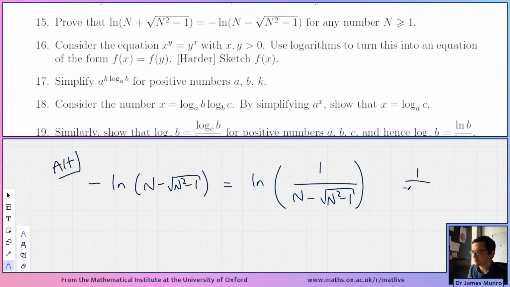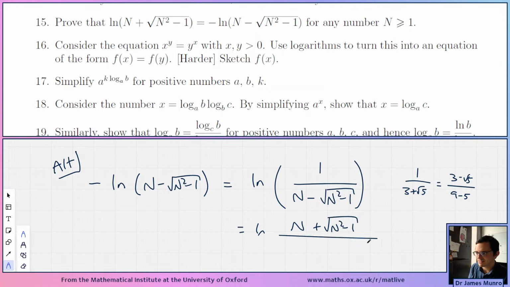Like if you have 1 over 3 plus root 5, I know this trick where you multiply top and bottom by 3 minus root 5. And then you kind of deal with the consequences. It gives you difference of 2 squares downstairs. So this is going to look very similar because I'm going to say, well, this is log of n plus root n squared minus 1 divided by.